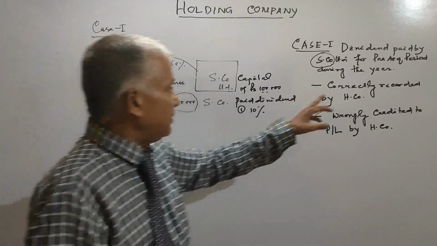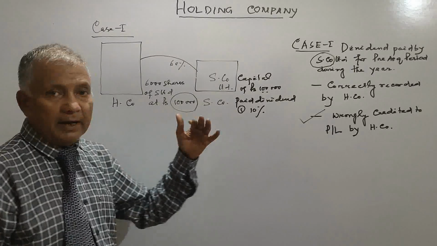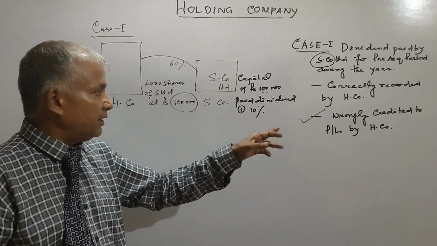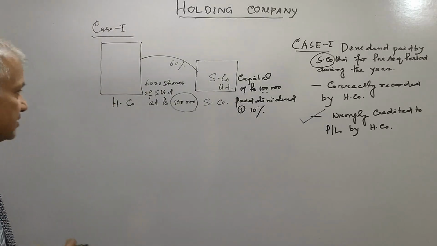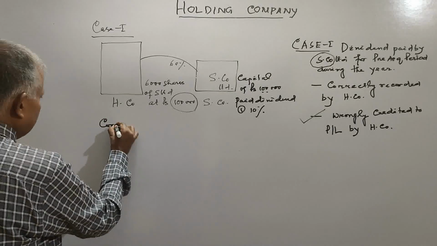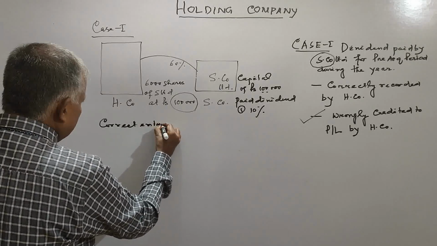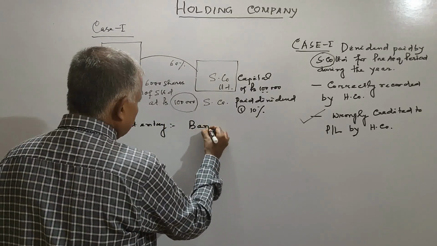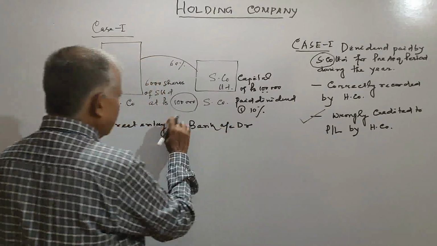Instead of that, sometimes the holding company wrongly credited the dividend to the profit and loss account. The correct entry in the books of holding company is bank debit.